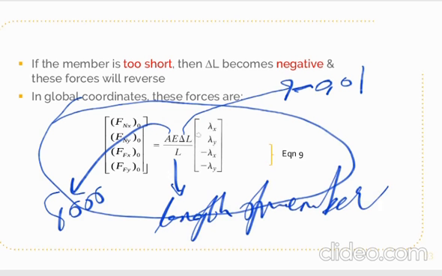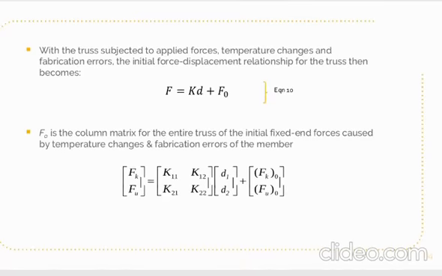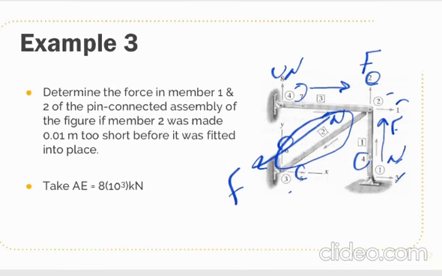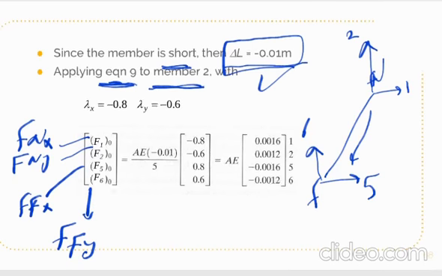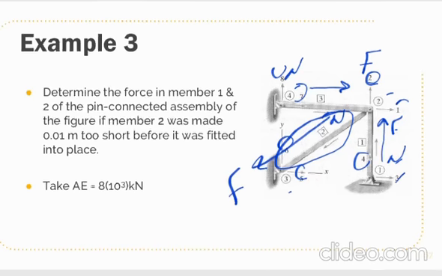Okay, and lambda x we already found, and lambda y, and for the second part of the matrix just put the minus here. So just substitute our values here. This is lambda x, lambda y, minus lambda x and minus lambda y, and the length of the member, which is the inclined member.